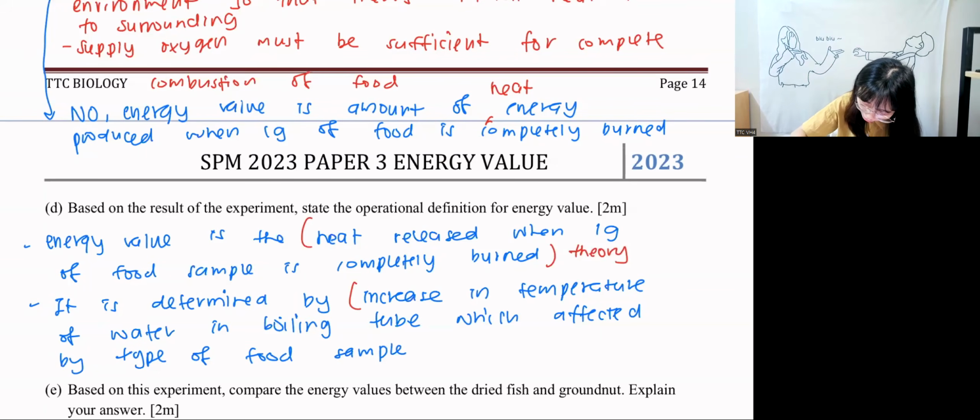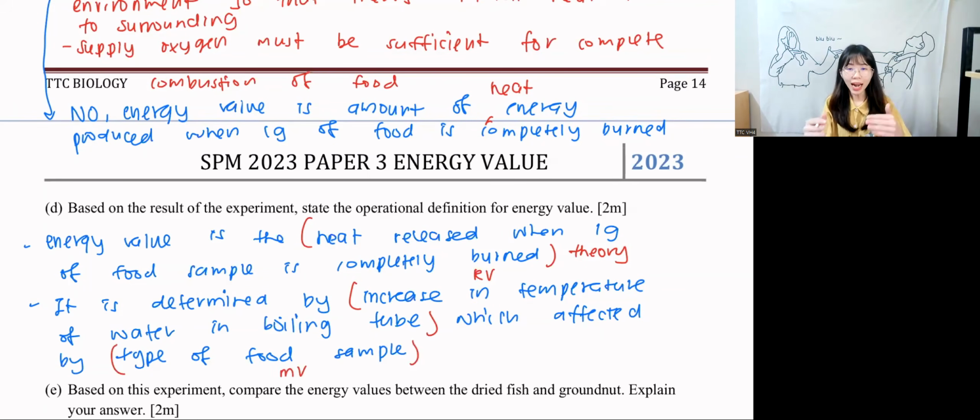So this is your theory. This is your RV, not ORV. ORV is energy value, right? Your RV is increase in temperature. Okay, and then affected by type of food. This is MV. So RV is affected by MV. Of course, I will send the answer, guys. No answer, you're not going to do the question, okay? Energy value is ORV.